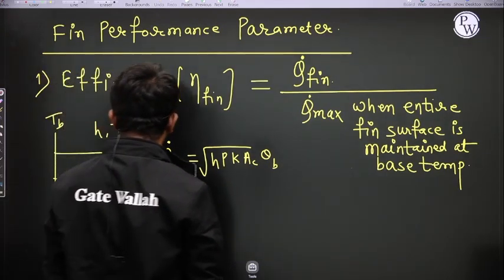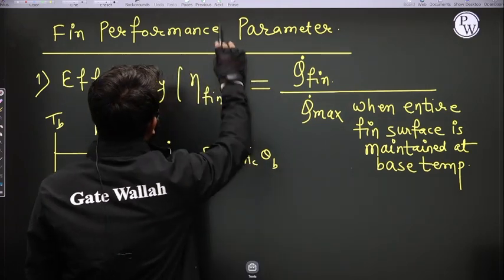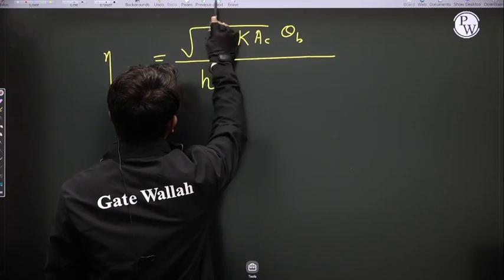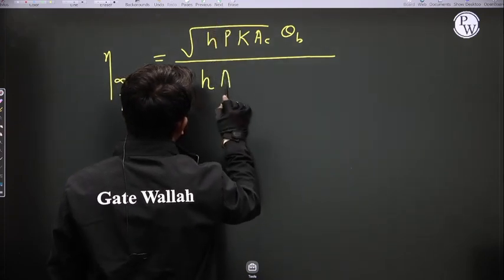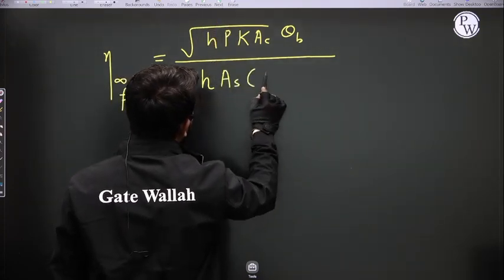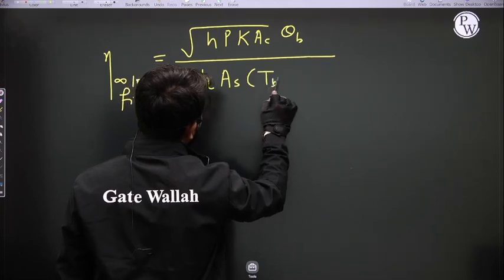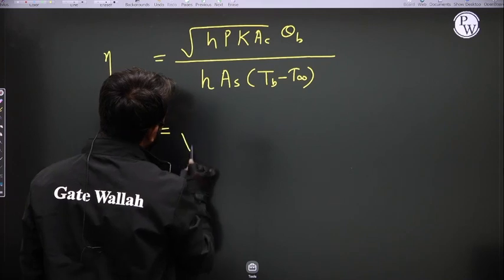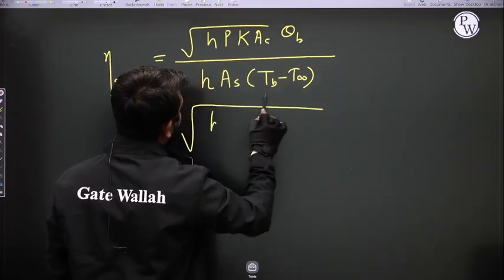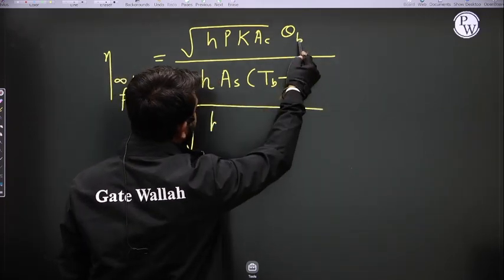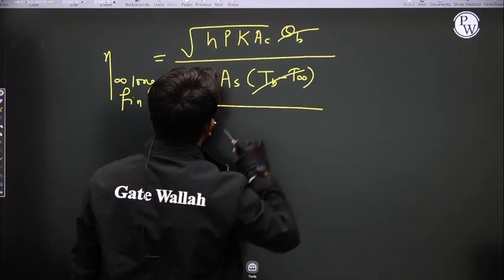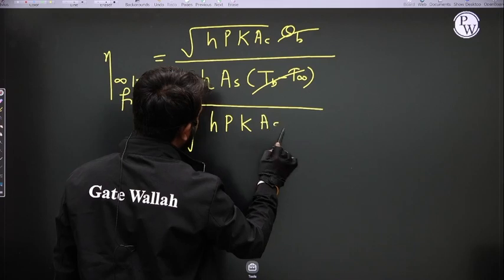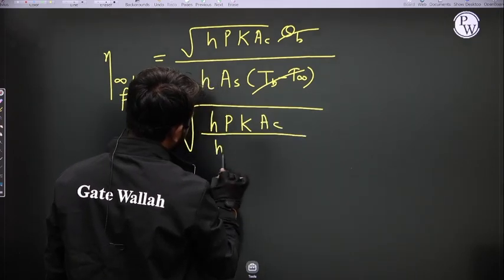So that maximum rate of heat transfer is h into the surface area into TB minus T infinity, right? So that is equal to root over HP KAC, the theta B cancels out, divided by h square.